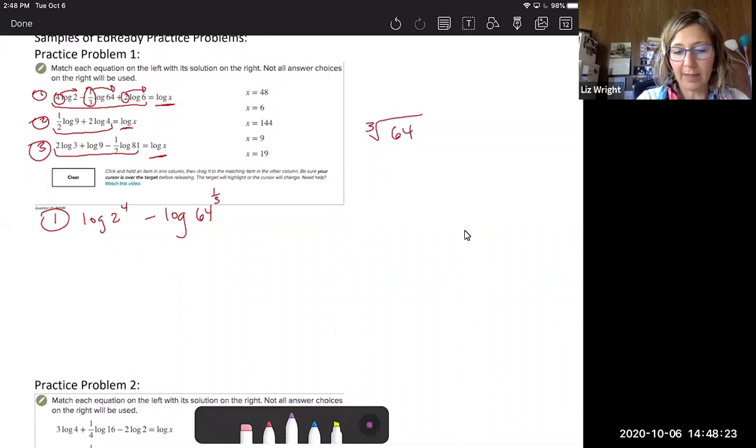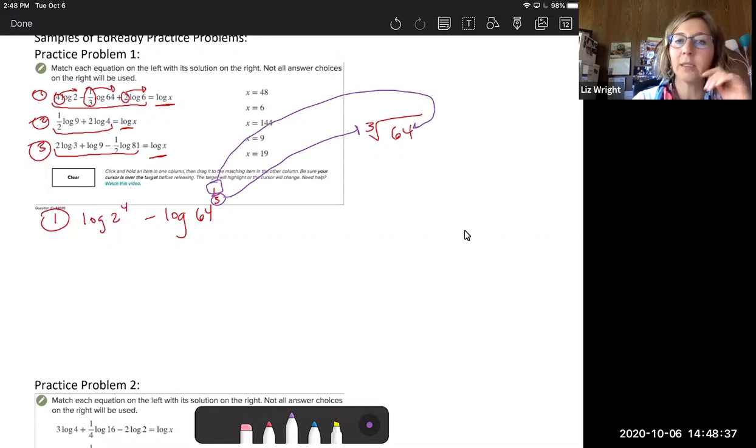If you don't remember that, this is going back all the way to order of operations, and we talked about this, where this becomes the index, and this would become the power on the number underneath the radical, so it would be the power on the radicand. Because it's 1, it's going to be 64 to the 1st, which is just going to give us 64. And then 3 becomes our index. So we're taking the cubed root of 64 on that one.